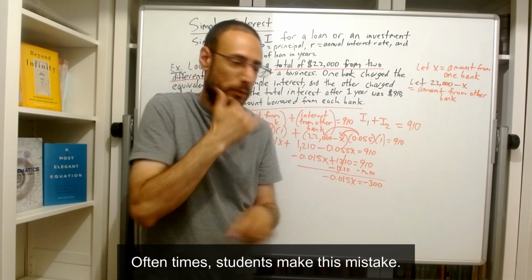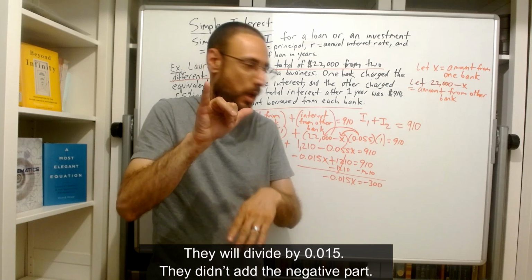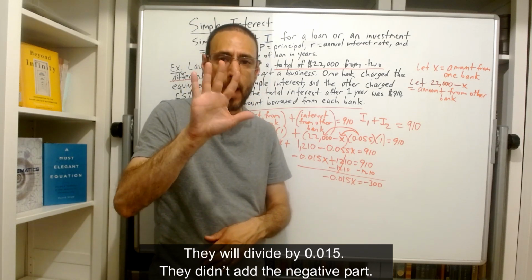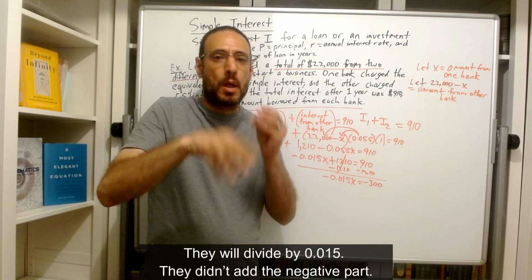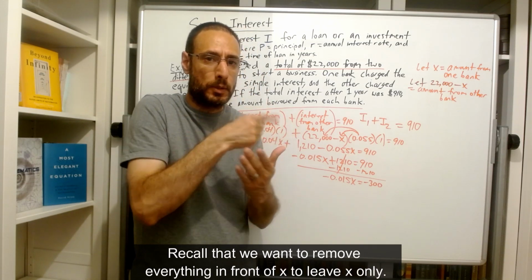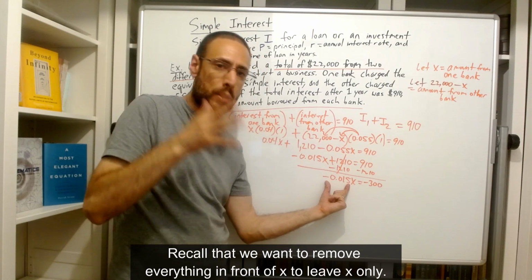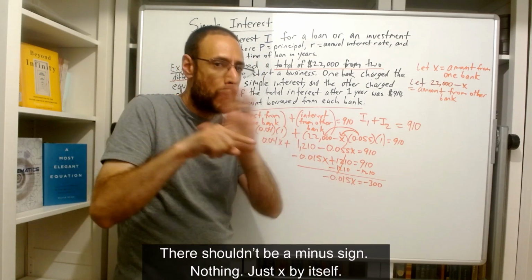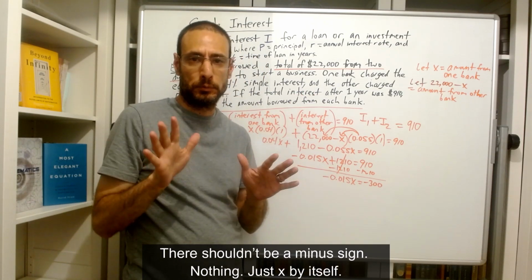Oftentimes, students make this mistake. They will divide by 0.015. They didn't add the negative part. Recall that we want to remove everything in front of x to leave x only. There shouldn't be a minus sign. Nothing.